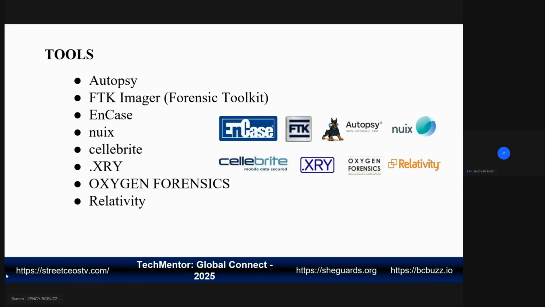It's a tool to create forensic images of hard drives and other storage, and is also used for preserving digital evidence without changing it. Then EnCase is a professional forensics tool used in law enforcement and corporate investigations. Likewise, these are all tools mostly used in digital forensics investigation.